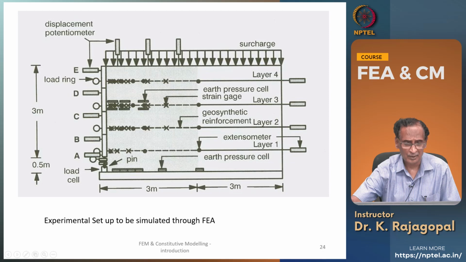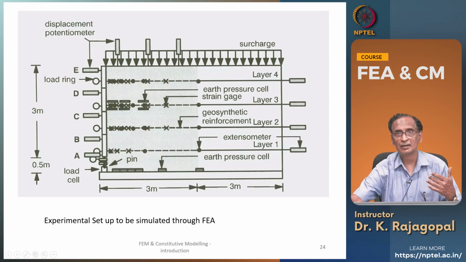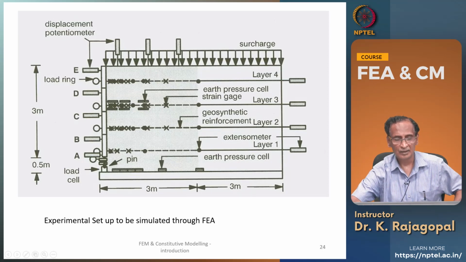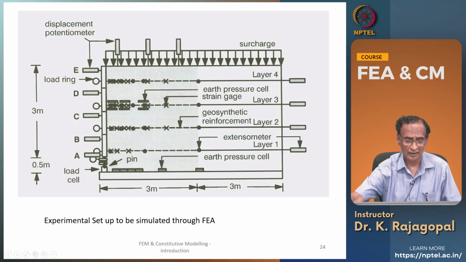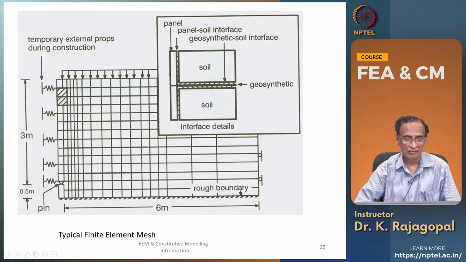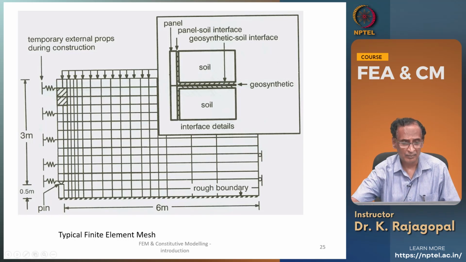A number of measurements were made for measuring the strain within the reinforcement layers, or the deformations, and then the earth pressures, and the loads that are developed within the reinforcement layers and so on. And this is the finite element mesh, and actually this is the close-up of it.